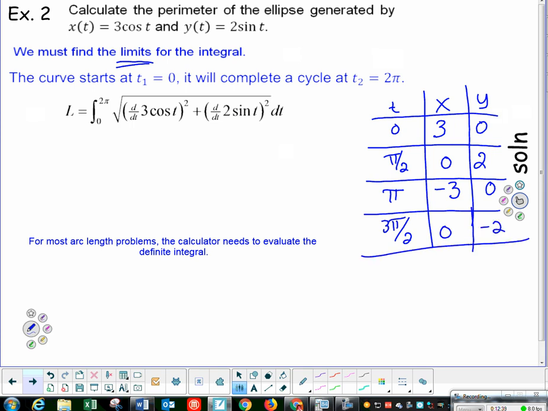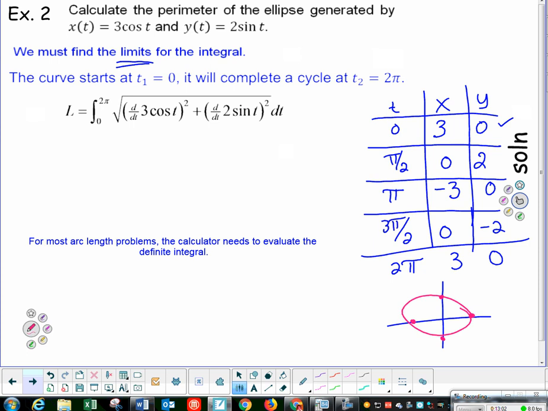And if I bring it back home at 2 pi, I'm back at 3, 0, where I began. So this thing will map out as 3, 0, 0, 2, negative 3, 0, and 0, negative 2. And our ellipse should be wider than it is tall.